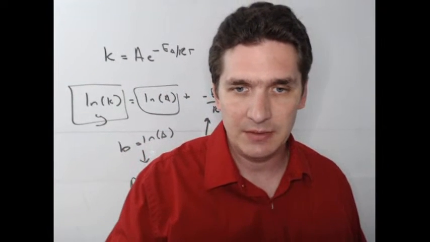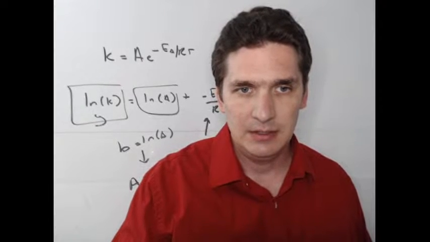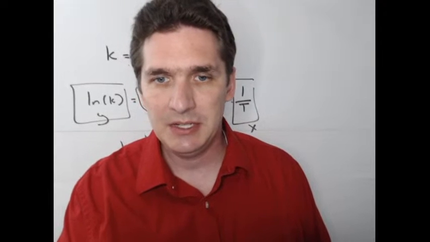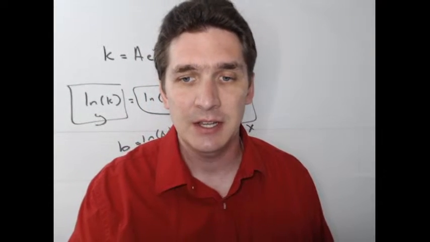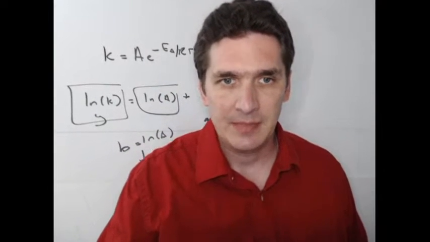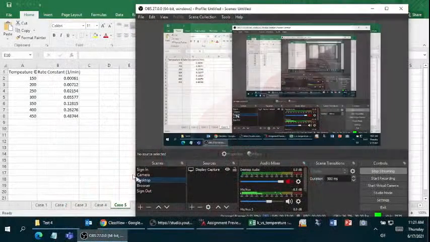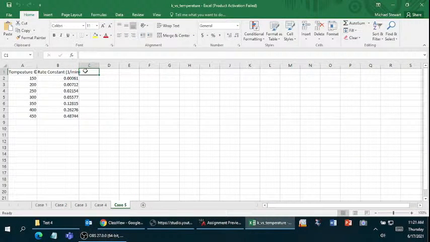So on the homework, the first one is, to 3 significant figures, determine the pre-exponential factor A and the activation barrier for case 5. If I bring up the homework, I'll show it to you on my end. So we need 2 things. We need 1 over temperature, that's our x.